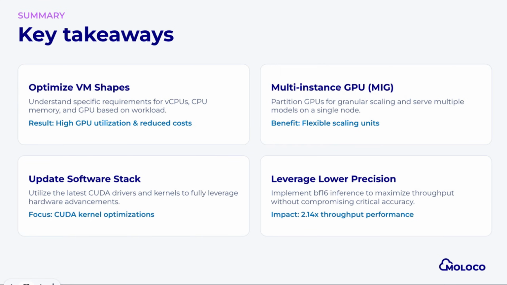And the last one is to leverage lower precision. We use BFloat16 inference to maximize throughput, but there are also other lower-level operations like float8, FP8, and FP4 that are all available in the G4. So, yeah, thank you.